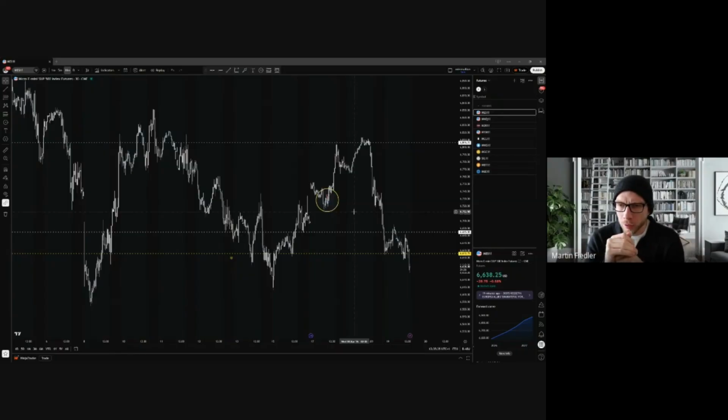We discussed this: it's simply normal to re-enter if the setup is still there. Otherwise it goes in the direction I thought it would, but without me. Okay, so this was very helpful. This one, too zoomed in.